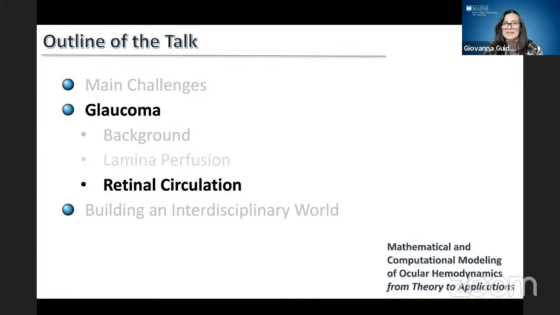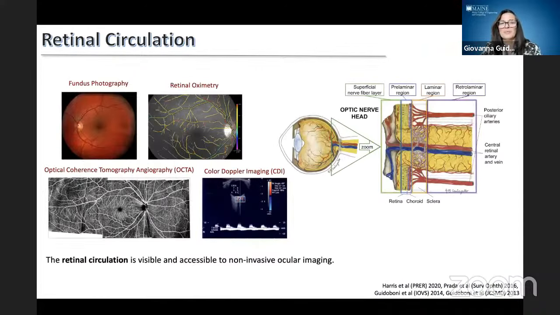The mathematics is much simpler, but the impact is equally strong, and I would like to share this with you. So now we move to a different part of the eye. The first example was on the lamina cribrosa, that is this tissue here, a little bit deeper in the optic nerve, as I said.